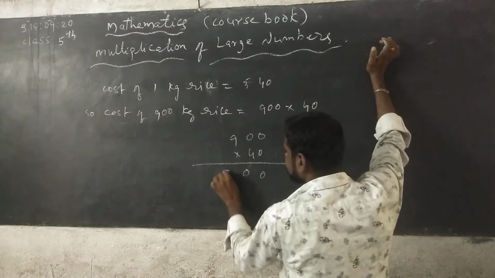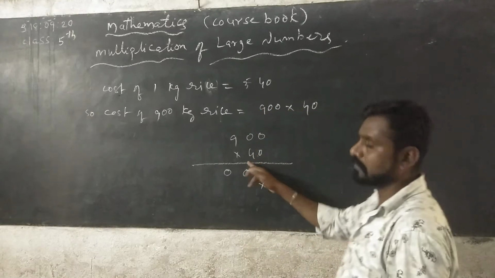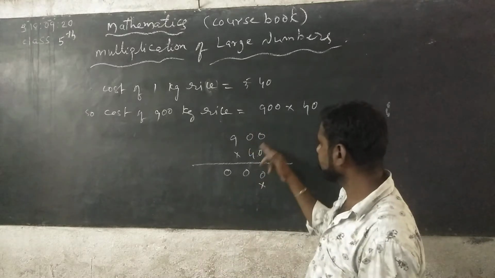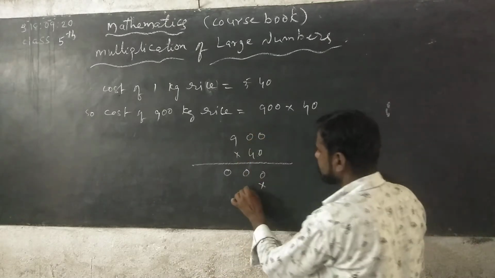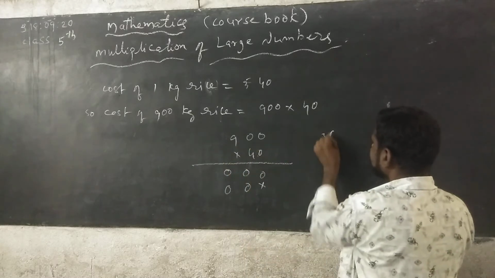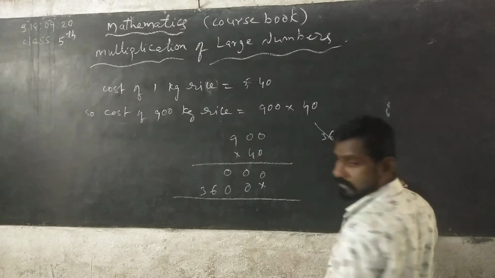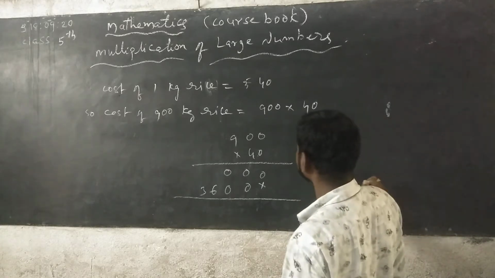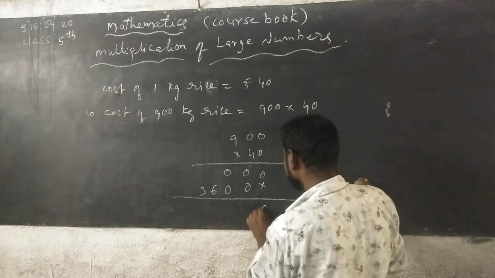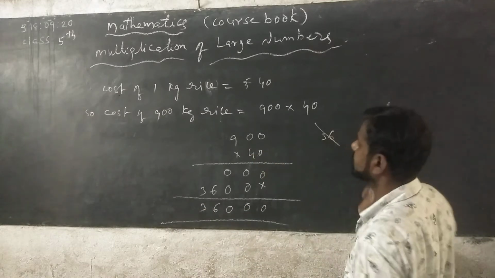Now one space cut it, 900 multiplied with 4, from right to left. 0 multiplied with 4, 0. 4 nines are 36.